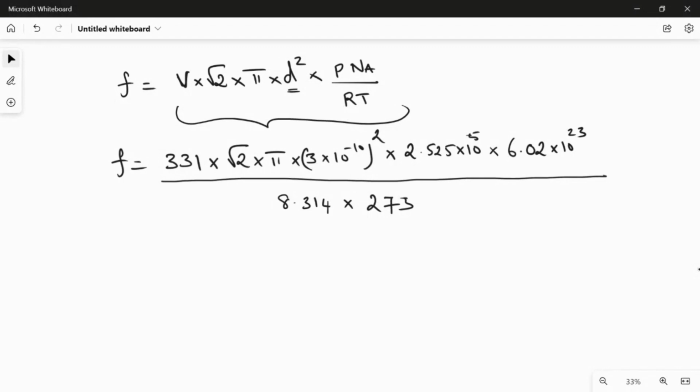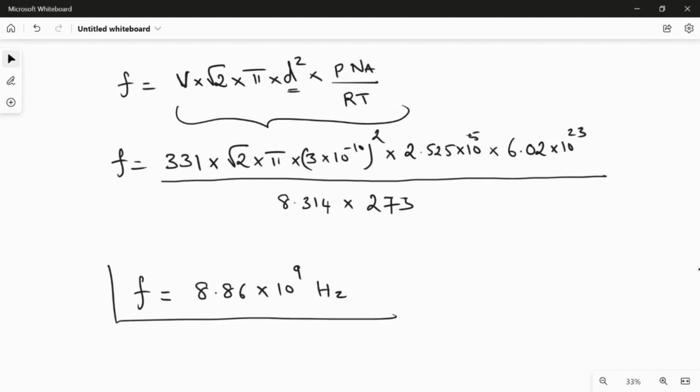When you multiply all these and divide with 8.314 multiply 273, we got the frequency as 8.86 multiply 10 power plus 9, and the unit for the frequency is hertz. Right? That's it.